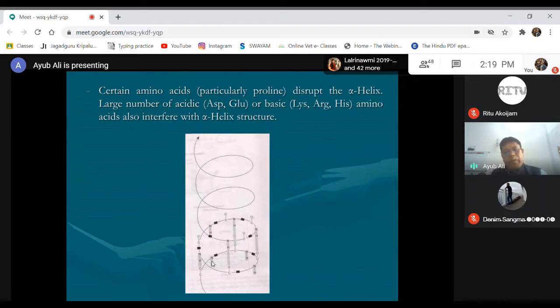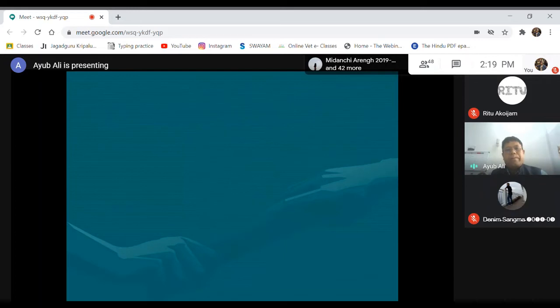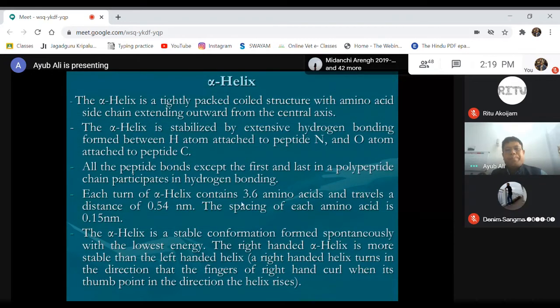The other feature of the alpha helical structure is one turn of the helix. When the peptide chain turns 360 degrees, that is one turn of the helix. It contains 3.6 amino acids and travels a distance of 0.54 nanometer.